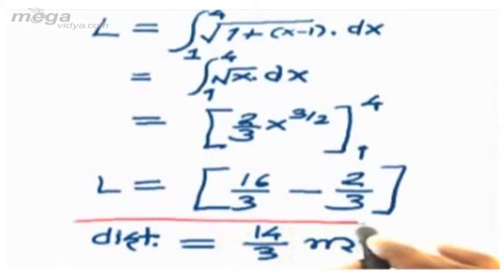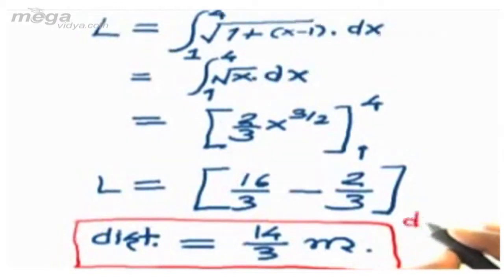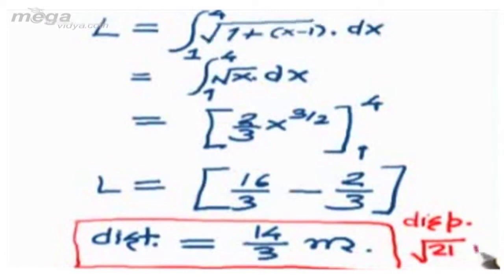Here you can conclude that the distance traveled is greater than the displacement we obtained earlier. The displacement here was root of 21 meter, and root of 21 meter is less than 14 by 3 meter. So it again proves that displacement can never be greater than distance.